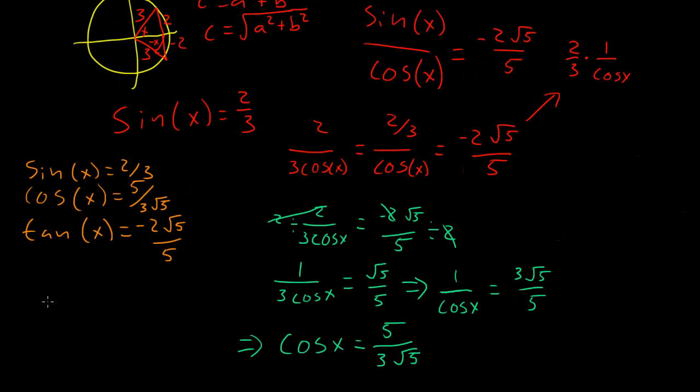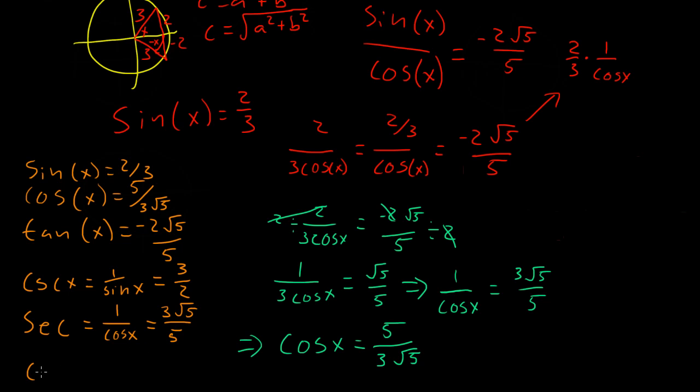Now the other 3 values are cosecant x, which is equal to 1 over sine of x, which in this case is just flipping this 2/3, so that's going to be 3 over 2. Now our other value is going to be secant, which is equal to 1 over cosine x, which is again just taking this and flipping it, so it's going to be 3 root 5 over 5.